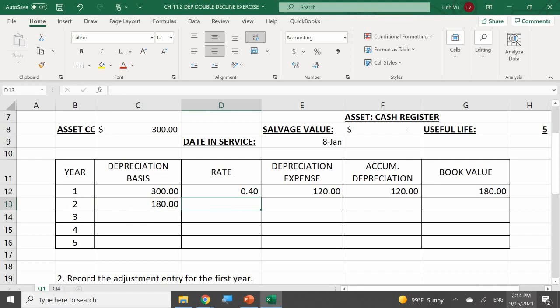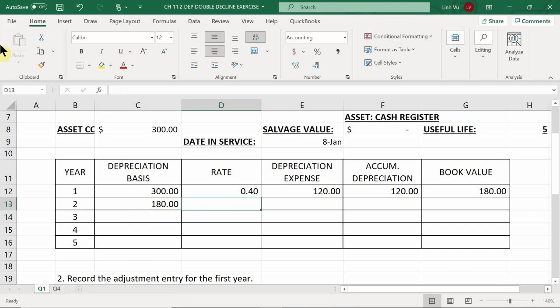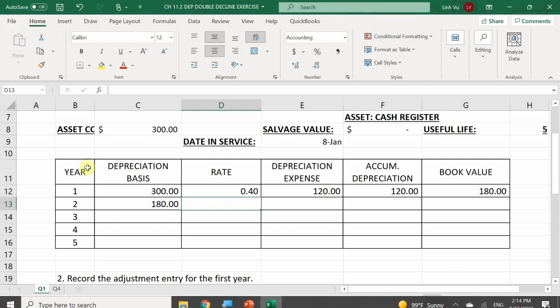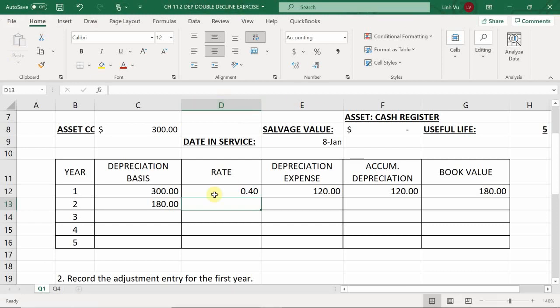Okay, good. What's going to be my rate for year 2? The same. It's going to be the same. So if that's the case, it's going to be the same for all 5 years. Okay.